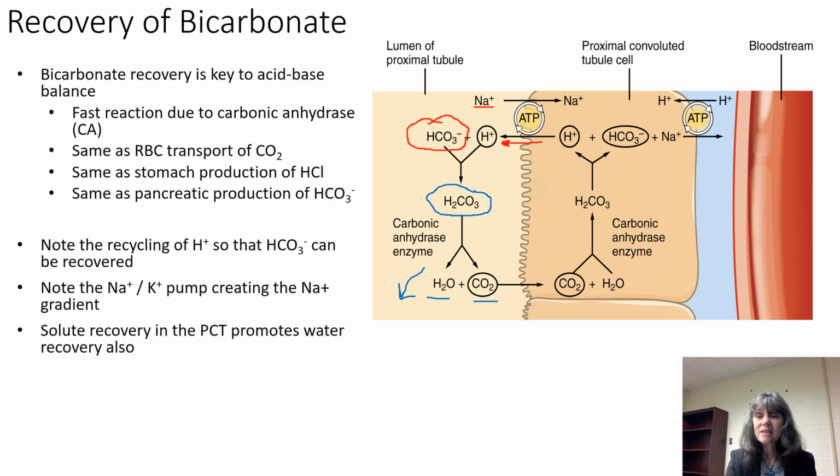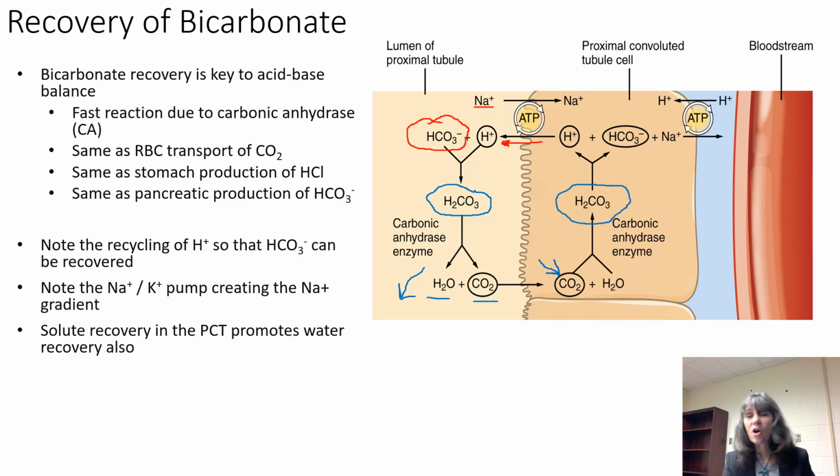The carbon dioxide will diffuse into that proximal convoluted tubule cell and react with the water inside the cell with the help of carbonic anhydrase enzyme, as this reaction is now being driven by the carbon dioxide to form carbonic acid.